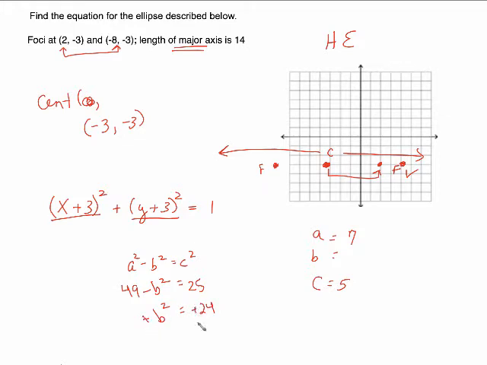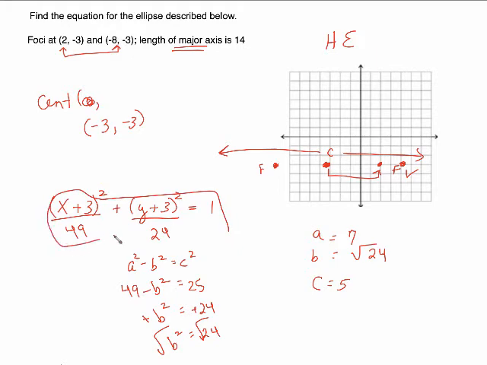Both of those are positive, so b squared equals 24, and b would be the square root of 24. And again, like the last one, there's no reason for me to simplify that because I just need to square that to come up with my denominator. So a squared is 7 squared, 49, and the square root of 24 squared is 24. So those match the last 4 in your packet on ellipses.